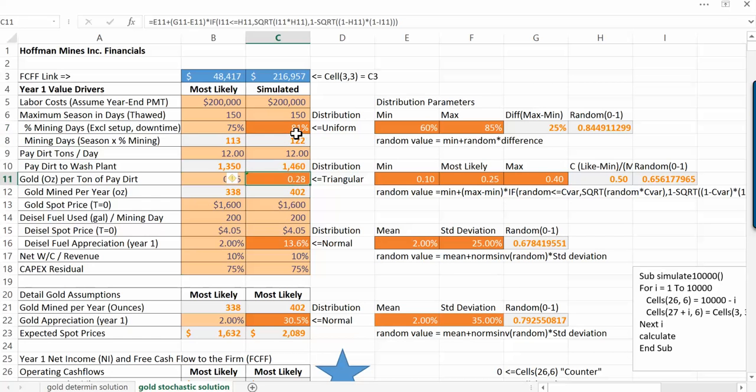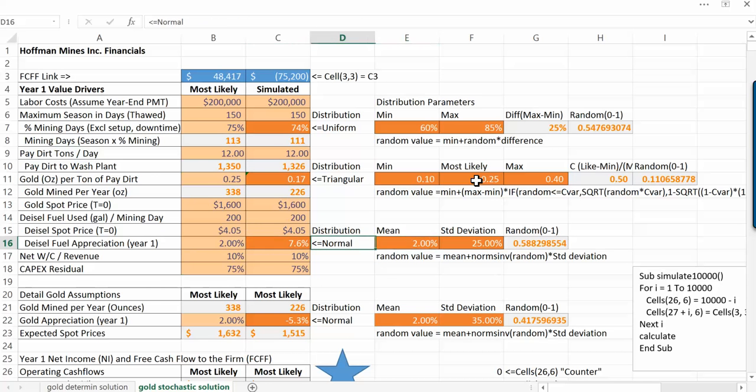In this one here, it's between 60 and 85. So every time I hit F9, you'll see a number between 60 and 85 with no central tendency. For triangular, every time I hit F9, there's going to be a number between the min and the max, but a lot of the numbers are centered around the most likely value.